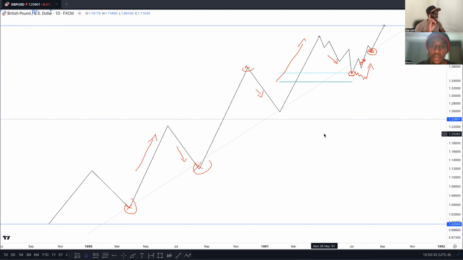Now, here is something you can do. Take a pair like GBP USD, for example. If the pair is in an overall downtrend, you need to first of all determine all of those things and start looking at the swing moves. Just look at the swing moves. So every time price moves to the upside, from this to this, just look at it.